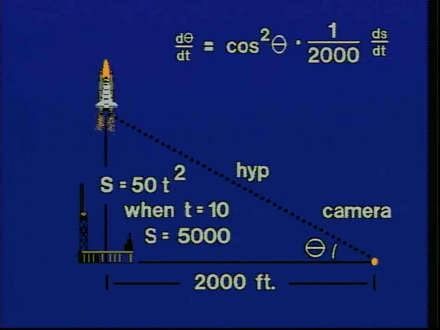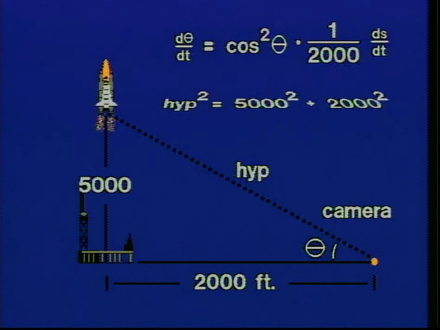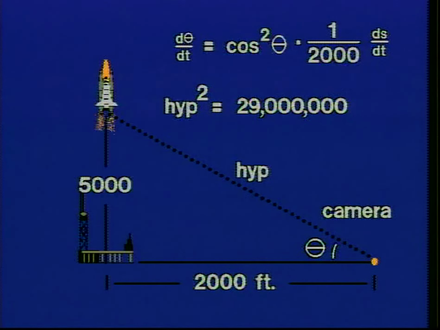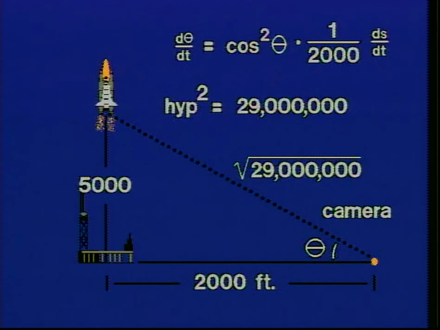So when t is 10, S is 5,000. You see, t would be squared to give 100, and then 50 times 100 is 5,000. Now, calculating the hypotenuse is no big problem. Hypotenuse squared is 5,000 squared plus 2,000 squared, so the hypotenuse squared turns out to be 29 million. And the hypotenuse itself then is the square root of 29 million.